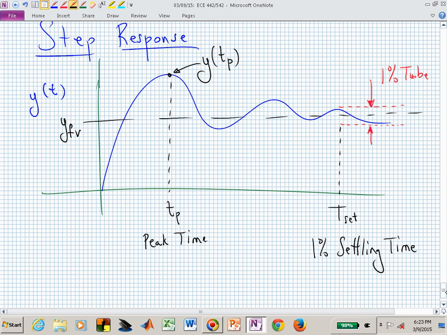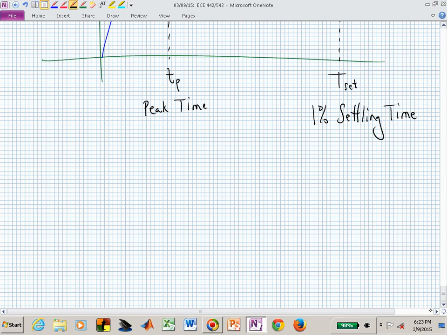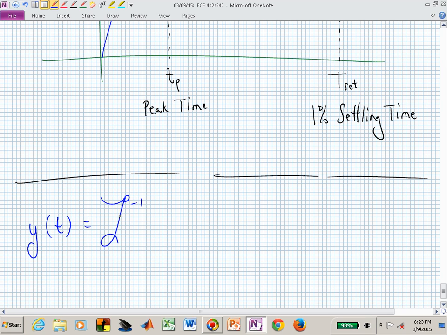Let's now try to relate these transient behaviors or variables with the sigmas, the omega sub d's, these pole locations in the s-plane. y of t, that's our step response, is by definition the inverse Laplace transform of capital Y of s.